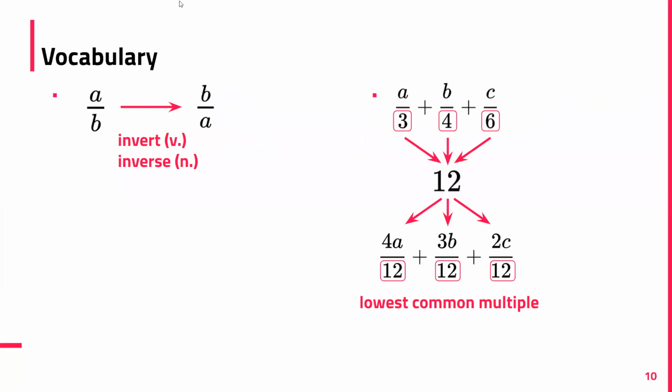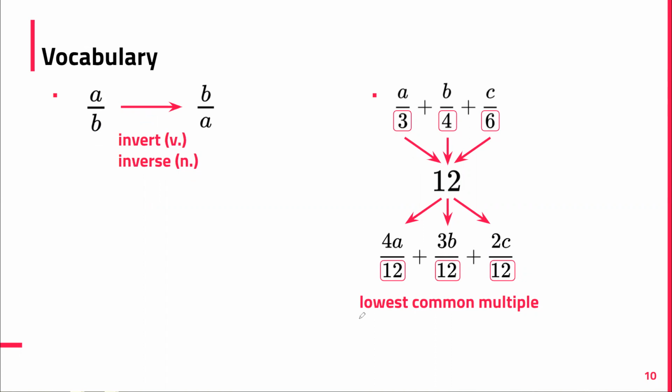All right, last time, some vocabulary that we talked about. I didn't really highlight this, but I'll just mention it again since we already talked about it. Invert, so just flip something upside down. Specifically in the math world, we're talking about a fraction, so flipping the top and bottom of a fraction, or inverse is the noun version of that word.